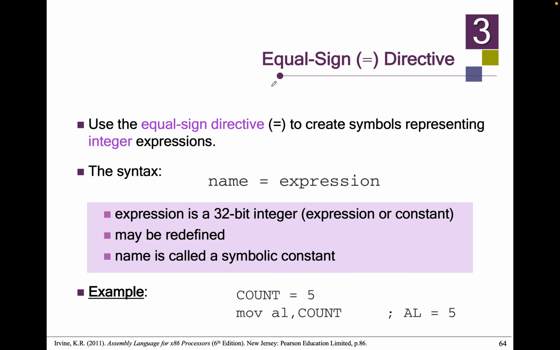The equal sign is one of the symbols you need to know, which represents the integer expression. You have COUNT = 5, then you have mov al, COUNT, so you refer back to the identifier you have, and you put it in AL.